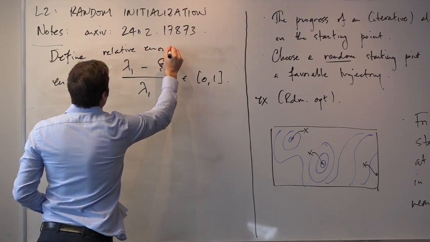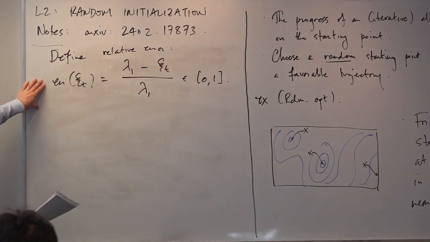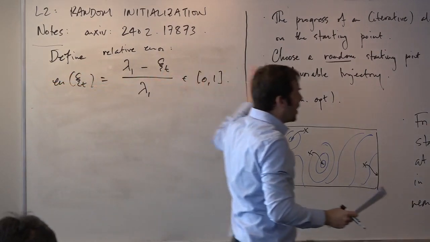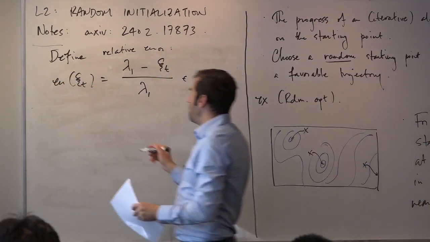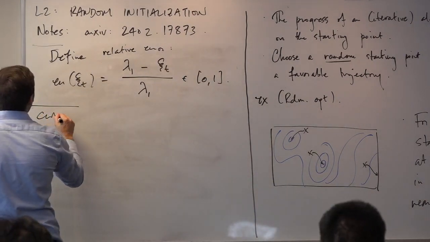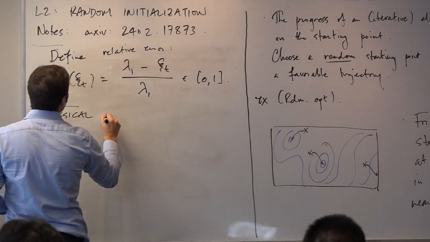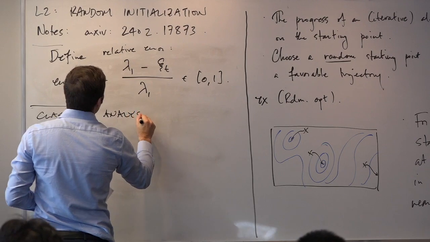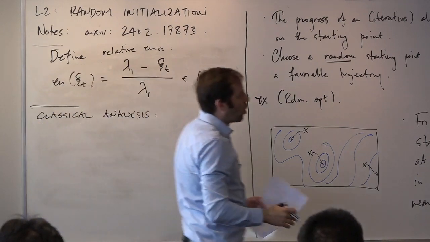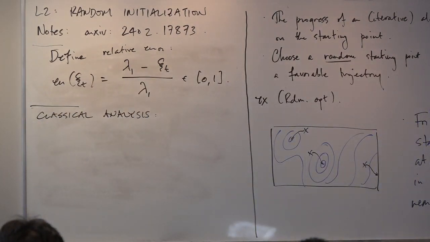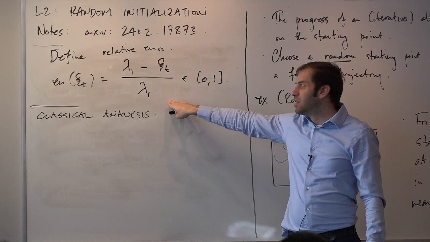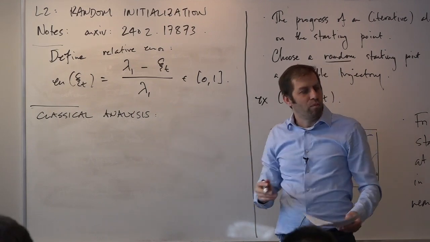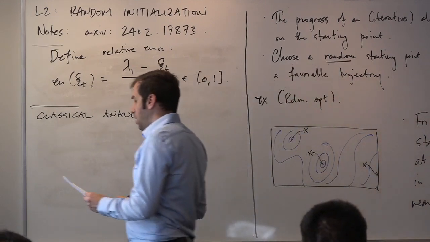And we would like to understand what happens to the relative error in estimating the maximum eigenvalue as we proceed with this algorithm. So the classical analysis in its simplest form is essentially what I showed you already, but I'm going to be a little bit more careful, and we're going to have a look at this relative error. We need to stare at it a little bit to understand what's going on in this algorithm.